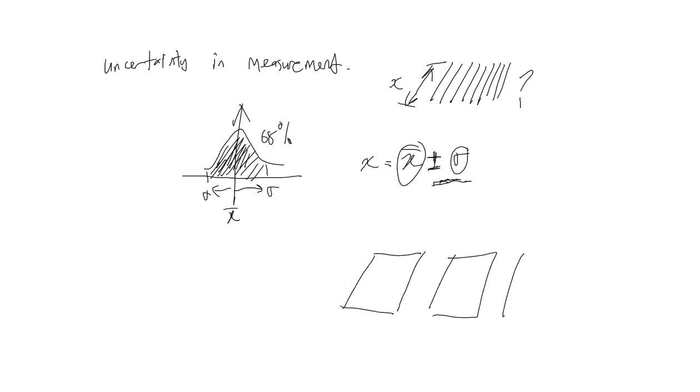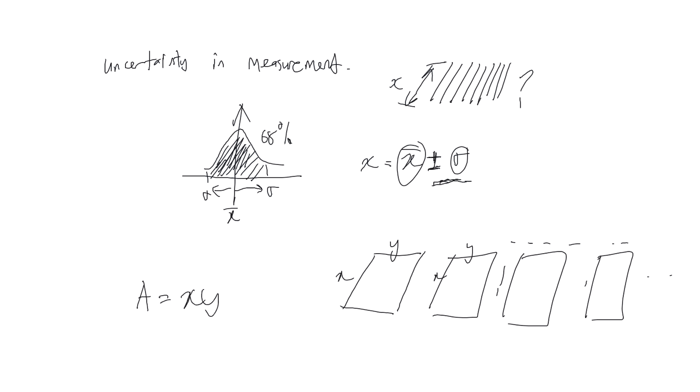So there are many similar papers, and you measure x and y, x and y, and so on, and then you have to determine the area, x times y, right? So how do you declare your uncertainty? Yeah. So the example can be expanded for not only two variables, but three. It can be 3, 4, 5, and more variables.